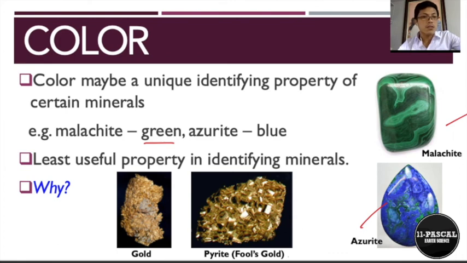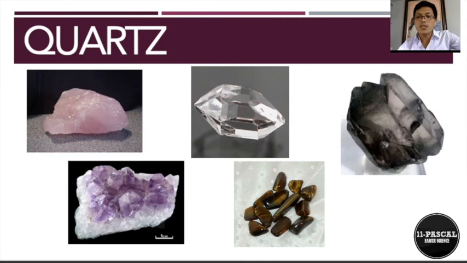Other examples: we have this mineral quartz. Due to impurities, quartz may have a variety of colors, including pink. We can also have purple, so this is an amethyst.